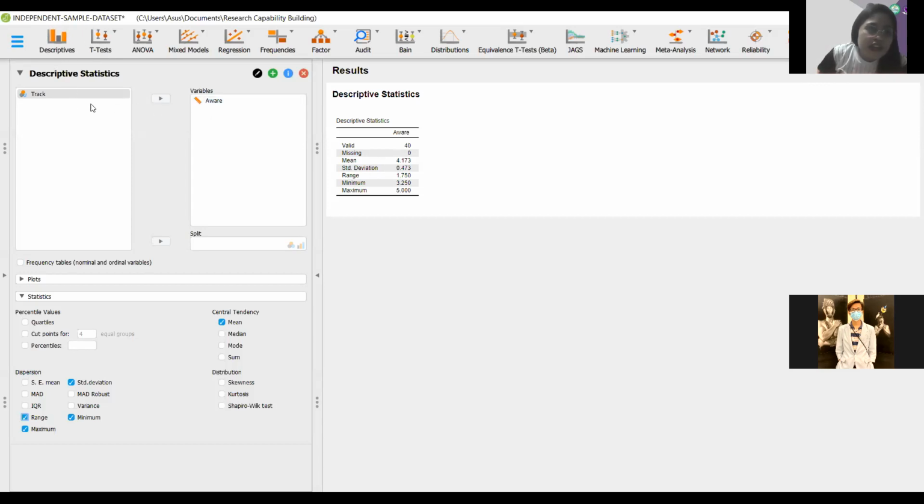And when you transfer the data here to the variables column, automatically the software will give you the standard deviation. Or it will even give you the variance. The variance is the square of the standard deviation. So it will just square that. 0.224 is the answer. Okay? So that's it for the JASP.